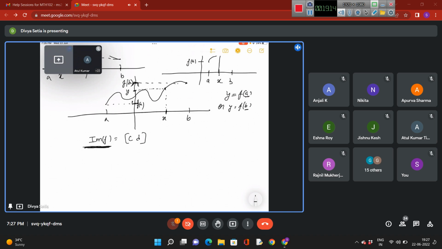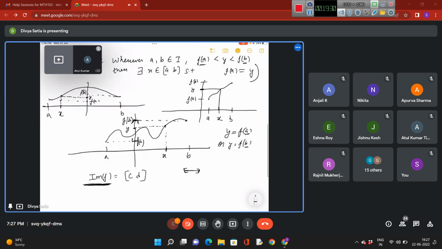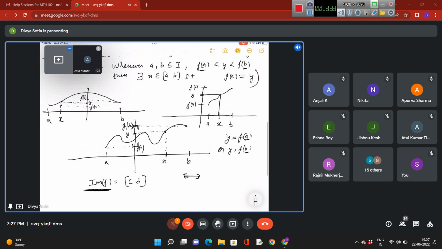It's a bounded set, and whatever two points you choose, it attains each and every value between these two points and also these two points. It should be a closed interval, right? Can you observe from these two statements that the image of any continuous function from [a, b] to R should always be of the interval form [c, d], right?